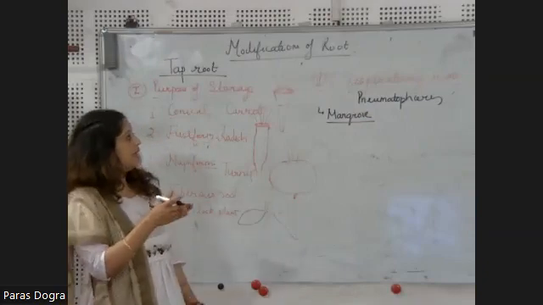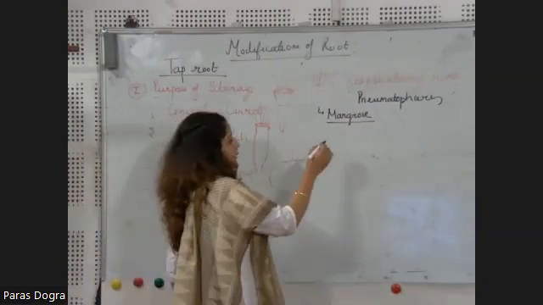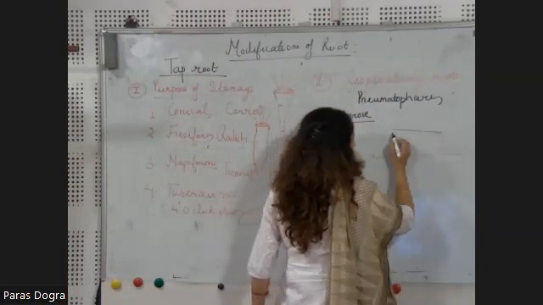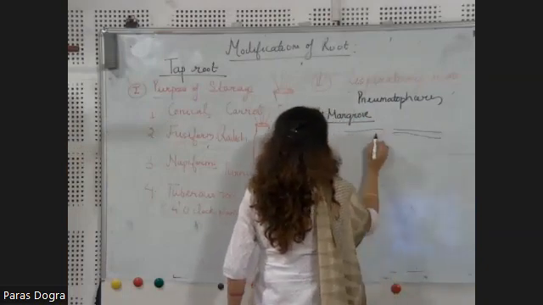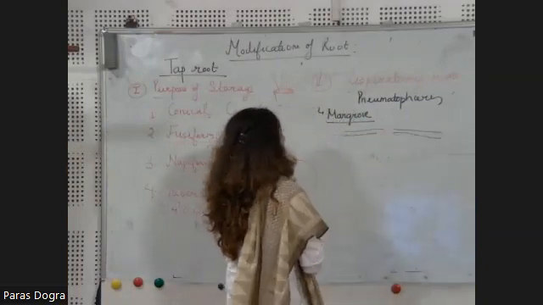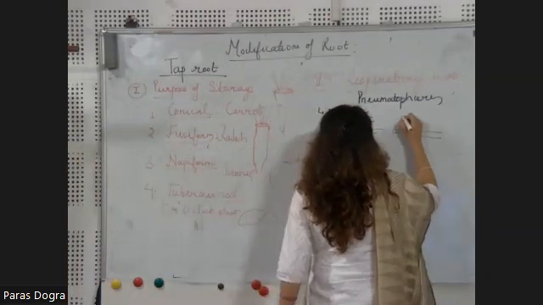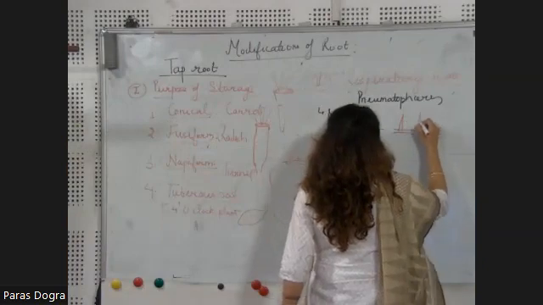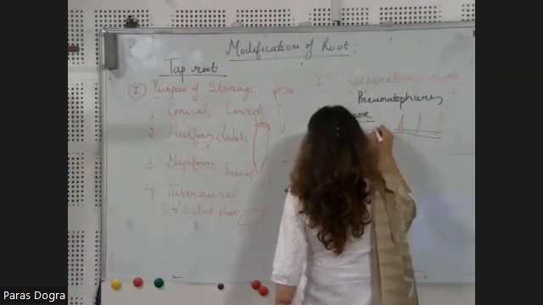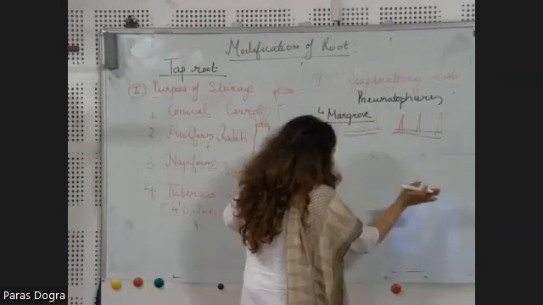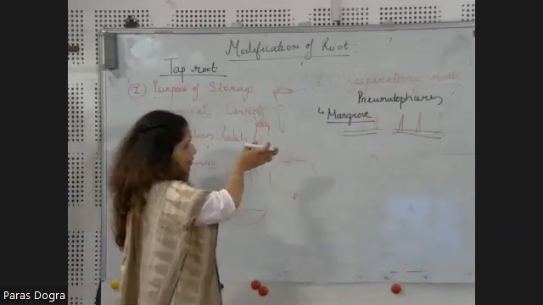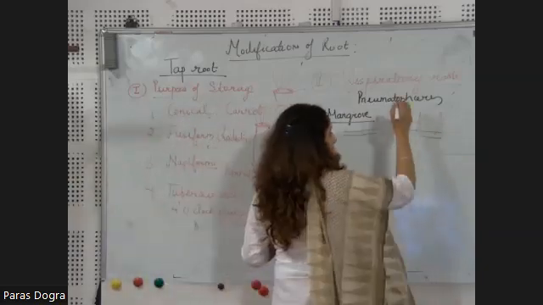So what happens in these plants? From the horizontal roots of the plant arise negatively geotropic roots. Otherwise, the roots are positively geotropic. They arise from the horizontal roots of the plant, and they arise above.